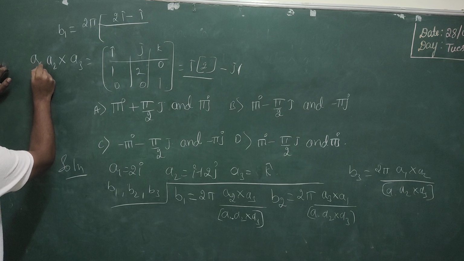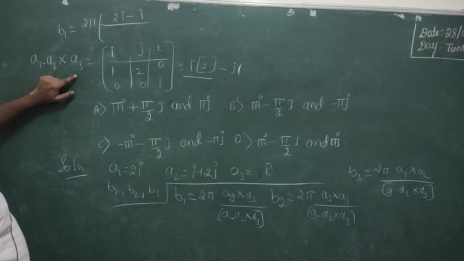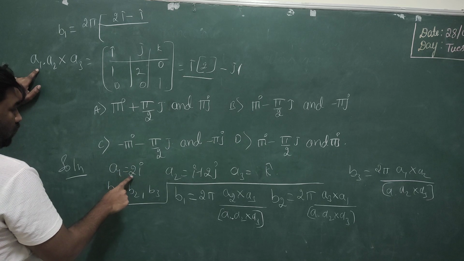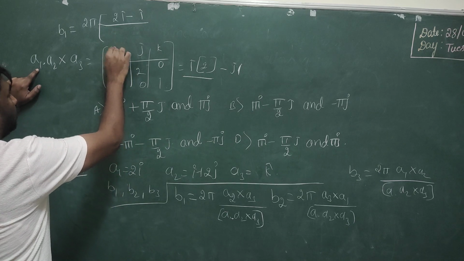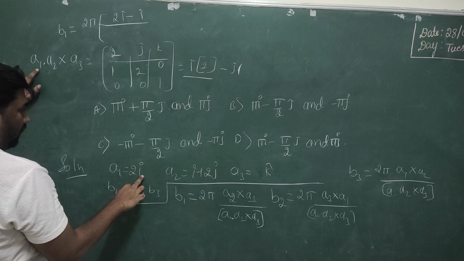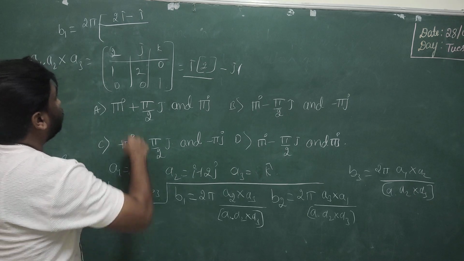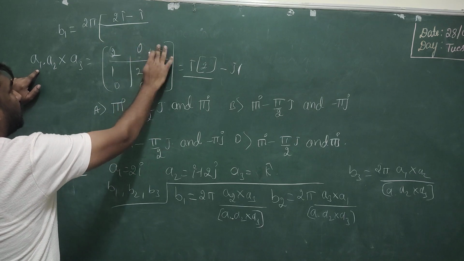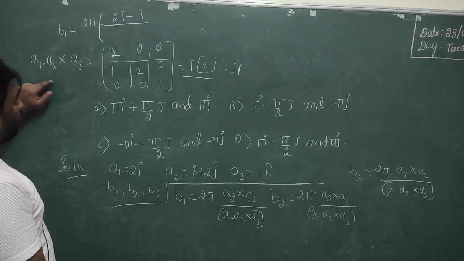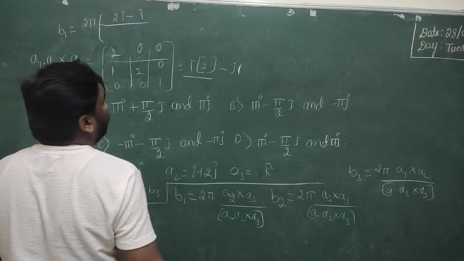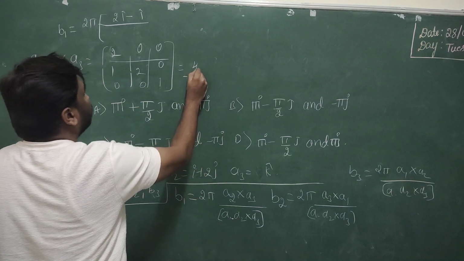Now A1 dot A2 cross A3: the coefficient of i is 2, and there is no j term and no k term, so those are 0. Therefore 2 into 2, so this is 4.